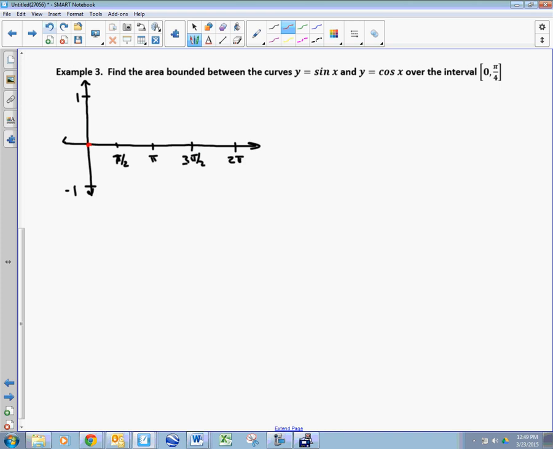It's going to start at 0. And I'll do cosine in green. Cosine starts at 1 and then it goes down right away. Remember those good old days?